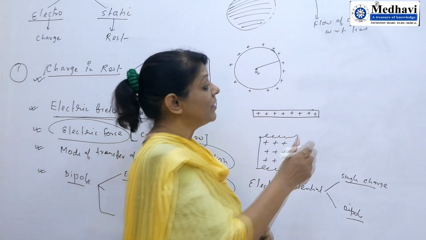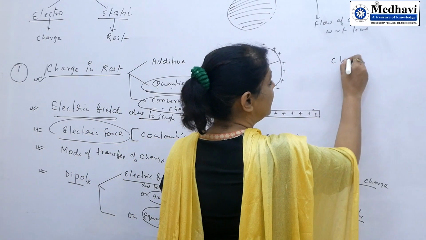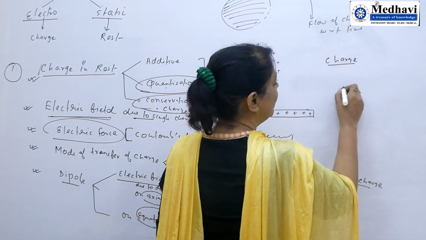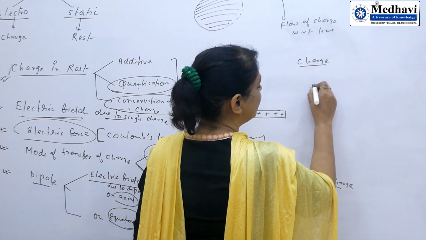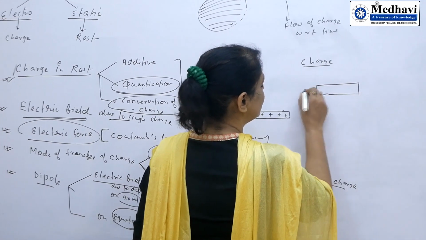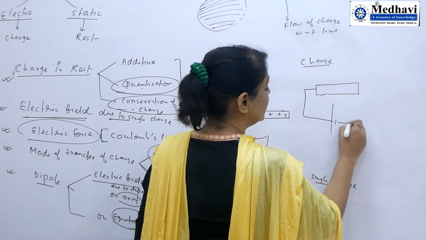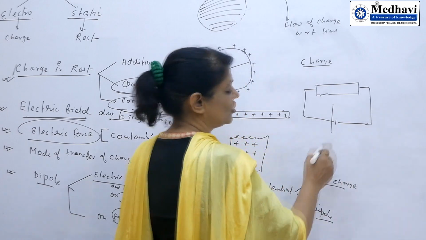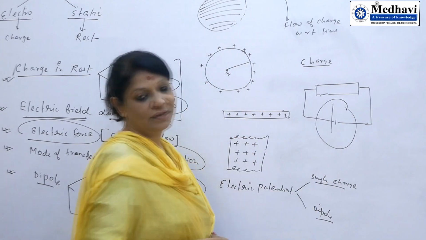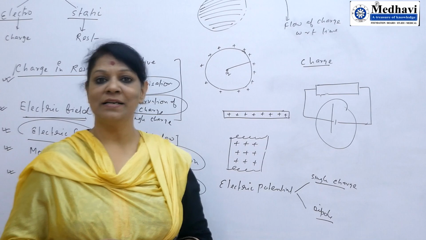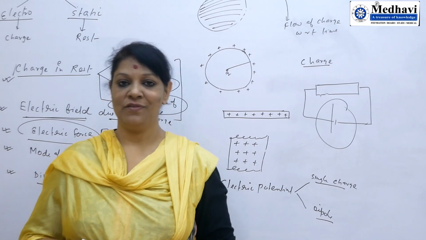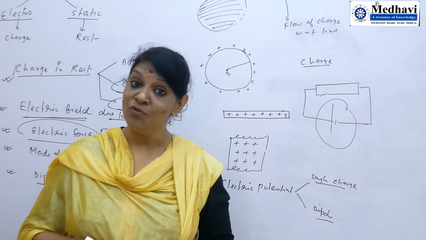Suppose you have taken a device, and from that device you make charges flow. For this we need a battery or cell. That cell or battery will produce EMF, electromotive force.